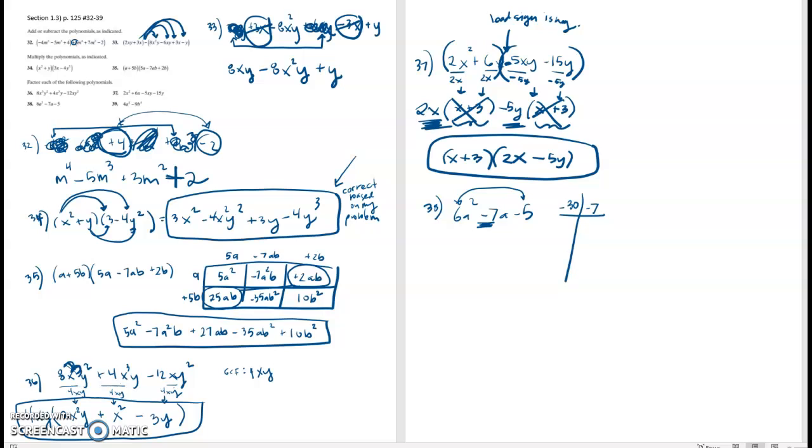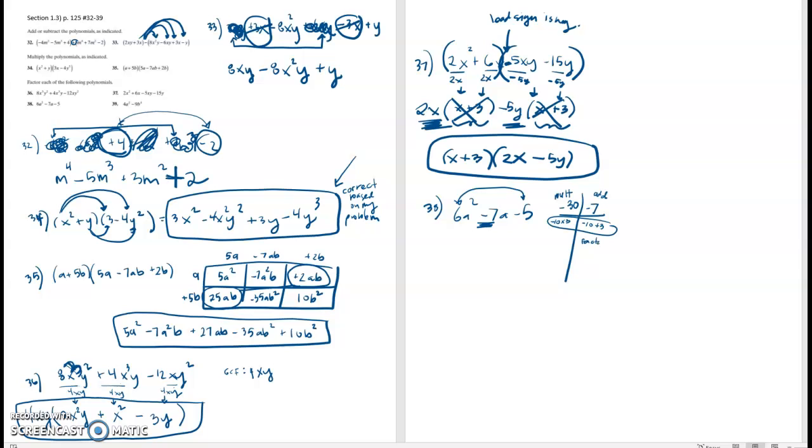That goes on the right-hand side of my T-chart. I'm looking for two things that will multiply together to give me a negative 30, and those exact same terms have to add to give me a negative 7. So let's see, that's going to be a negative 10 times a positive 3 and a negative 10 plus a positive 3. So these are what you call your factors, okay?